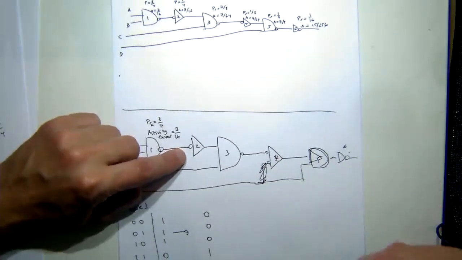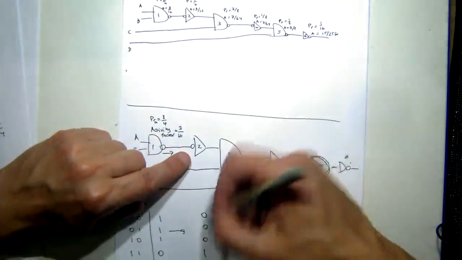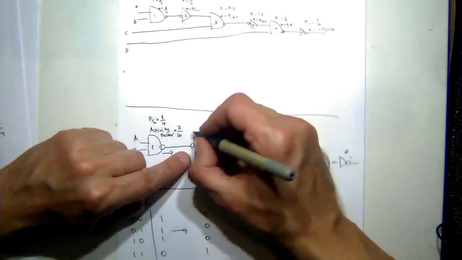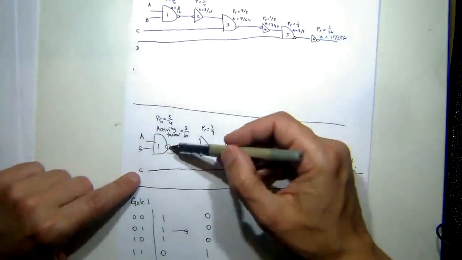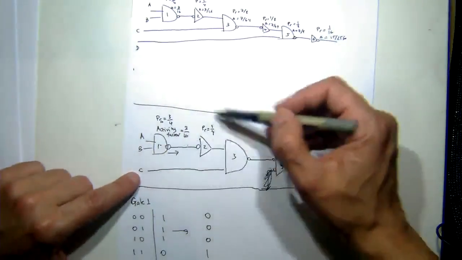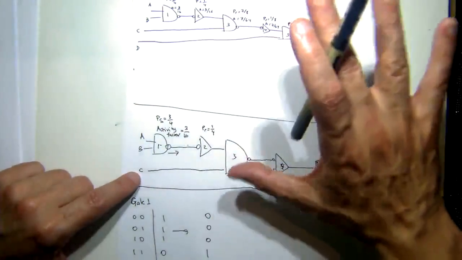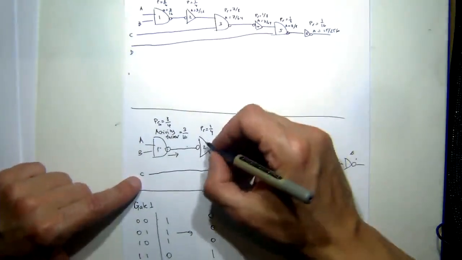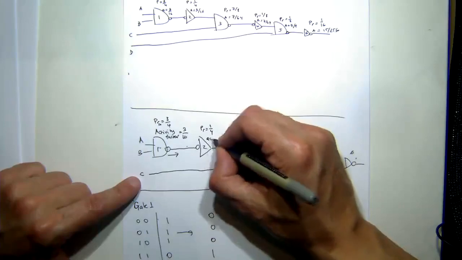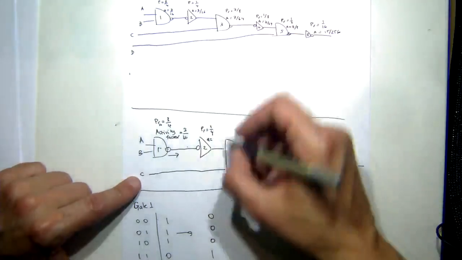So what's the switching probability? It's a quarter, because I'm looking at the output here. Don't look at it in isolation. You've got to look at it from the input from the previous gate. And the activity factor is 3 on 16.